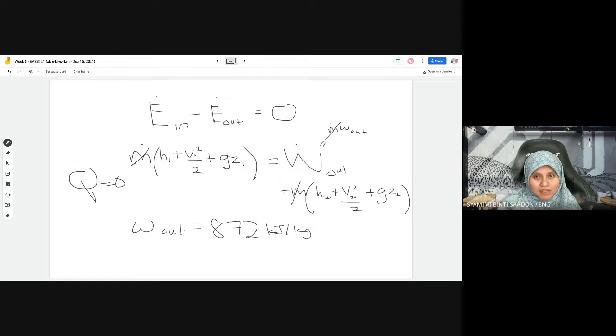Calculate the mass flow rate of the steam. We have the value of the power output, 5 megawatt, so we just use it. 5 megawatt is 5,000 kilojoule per second, divided by 872, and we have our mass flow rate.